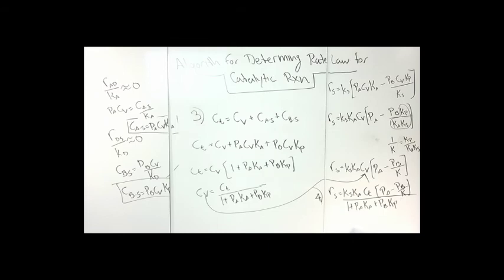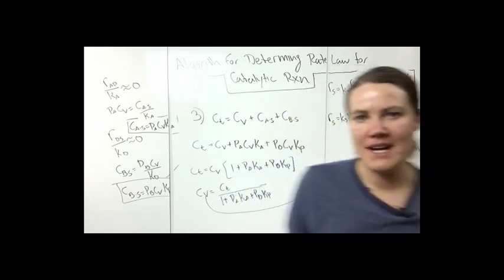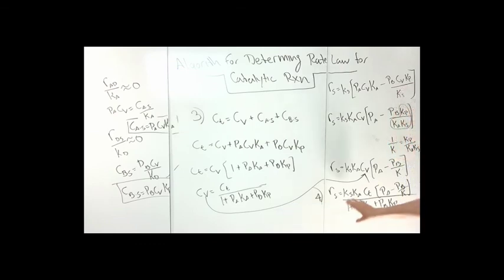You can determine that by comparing this rate with data, with the rate that's been measured in the lab. If the rate you measure in the lab doesn't match what you expect based on this equation, then you know that the surface reaction wasn't actually rate limiting.